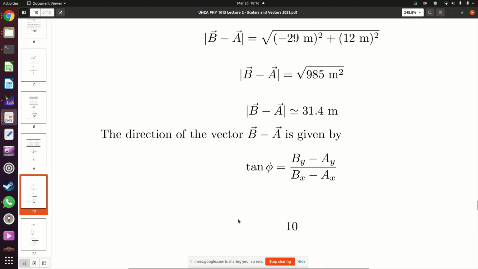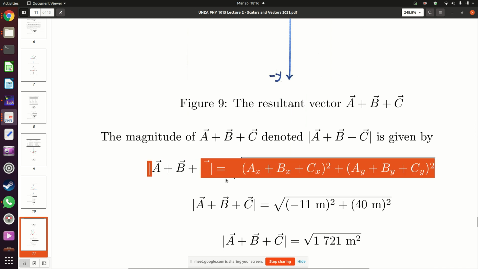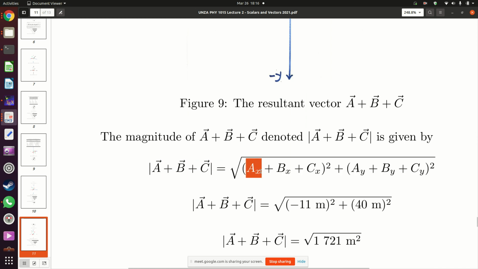And how do we do that? The size of A plus B plus C is going to be equal to the square root of how much is A plus B plus C along the x-axis, which is AX plus BX plus CX, squared, plus how much is A plus B plus C along the y-axis, which is AY plus BY plus CY, the whole thing squared.